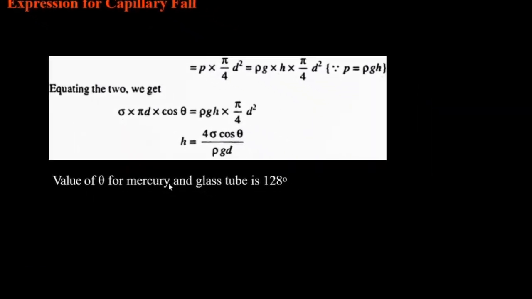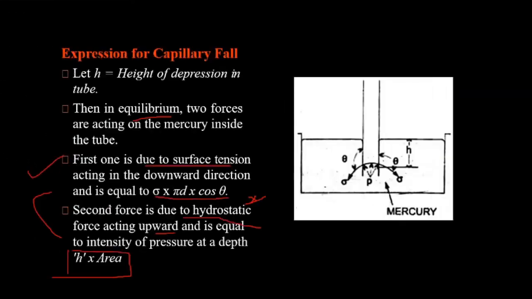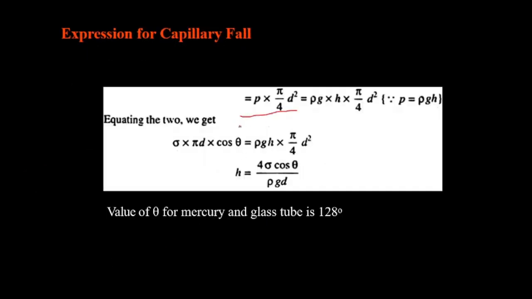Sigma pi d cos theta is due to the surface tension, and the second force is due to the pressure into area. So here it is elaborated: p is the pressure intensity into pi by 4 into d square, that is, pressure into area.